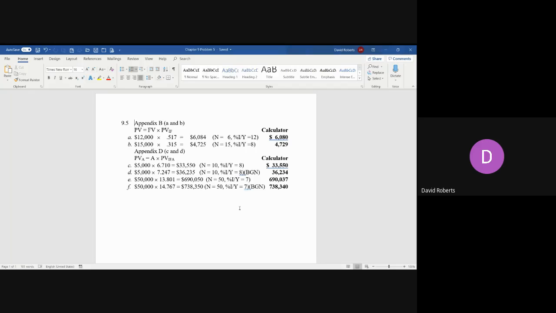But the only difference between E and F is E is at the end of the period and F is at the beginning of the period. So I hope that is nice and clear. And that's a review of how to calculate present value for single amounts of money, also for annuities, at both beginning and end modes.